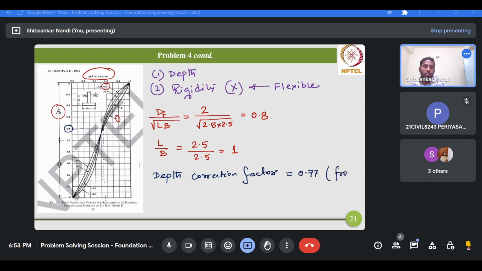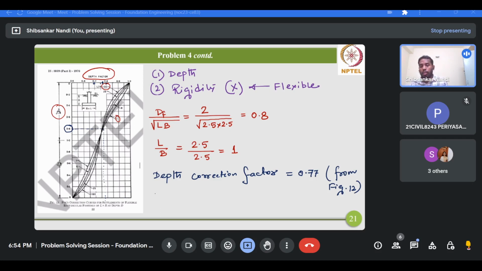This is from figure 12. Here, somewhere here we will be getting the value. So it's 0.7, it's 0.8, so this is 0.75. In between 0.75 to 0.8, you can approximate this value as 0.77.